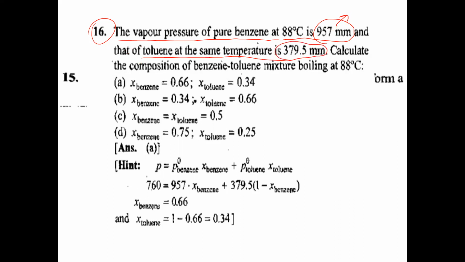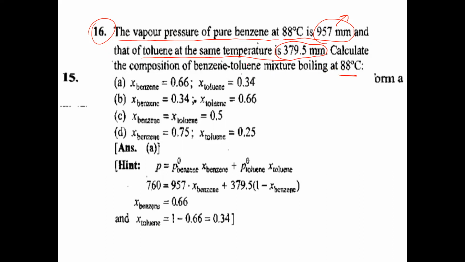So the vapor pressure of toluene and the vapor pressure of pure benzene are given. So we have taken liquid A and liquid B here. Now next one: calculate the composition of the benzene toluene mixture boiling at 88 degrees Celsius.